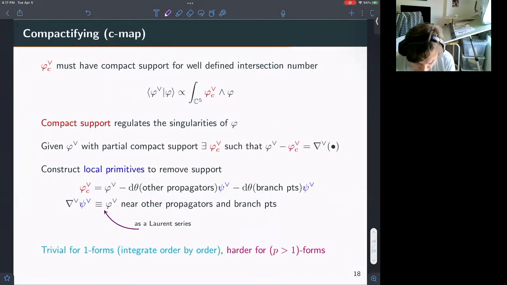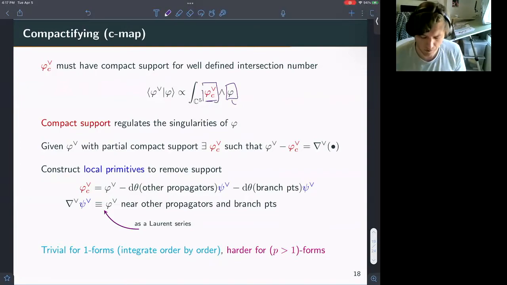So let me give some details on this compact support stuff that I've been alluding to the whole time. If I'm going to have a well-defined pairing between a form and another form, and this Feynman integral is living on this non-compact manifold, then this dual form has to have compact support in order to regulate any of the singularities of the Feynman integral.